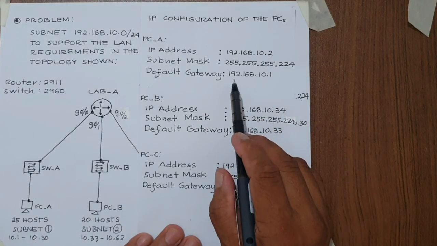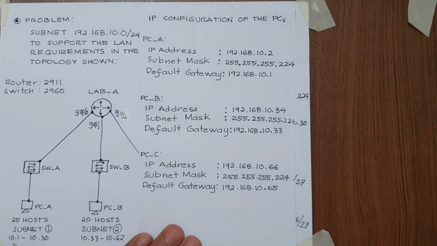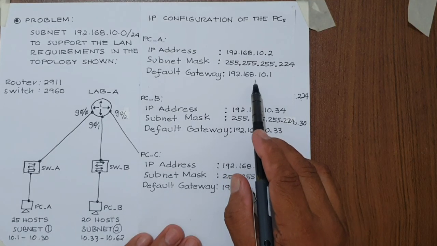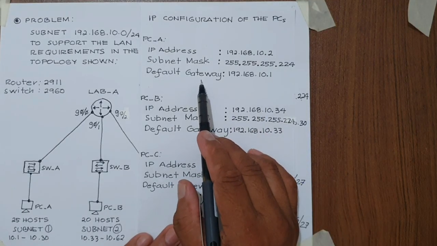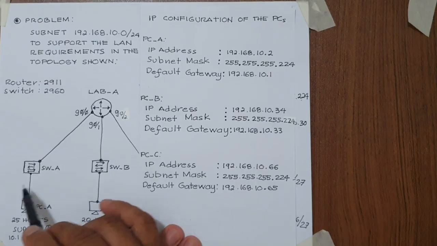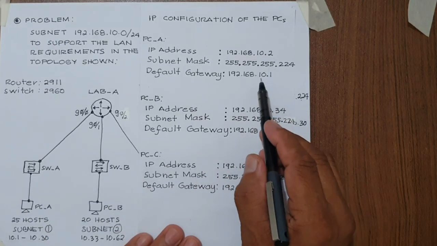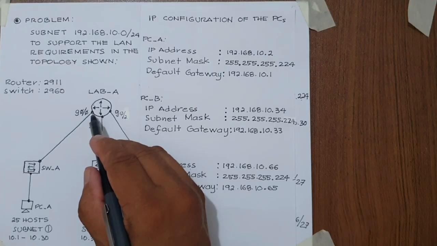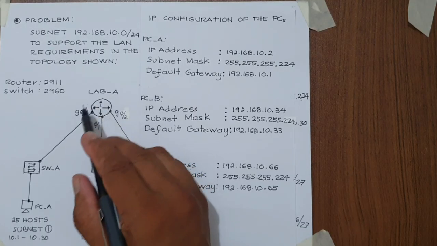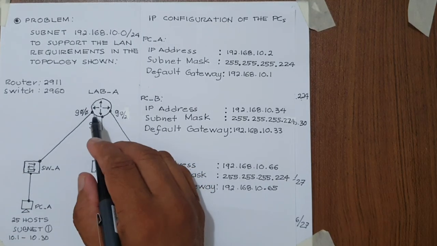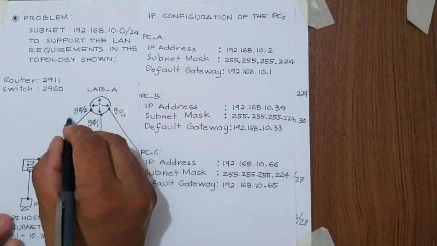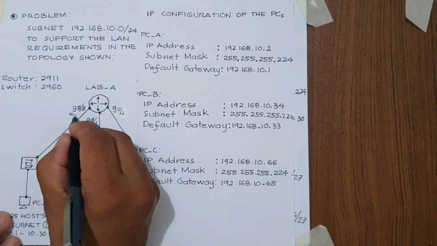And normally, the first usable address is the IP address we use as default gateway of all the hosts in this LAN. And later, this IP address will be configured in this interface of the router where the LAN is connected. So we will be configuring this later with 10.1.